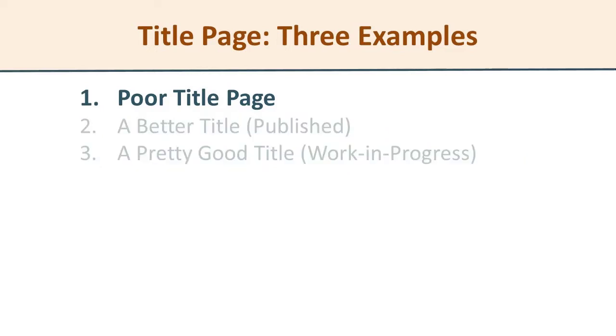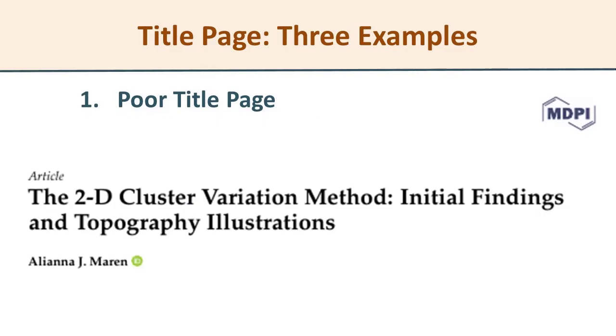The first one is an example of a poor title, and this is a draft that I wrote over a year ago, and I submitted it to the reviewers, and they didn't like it. That title was, reading it here, "The 2D Cluster Variation Method, Initial Findings, and Topography Illustrations."